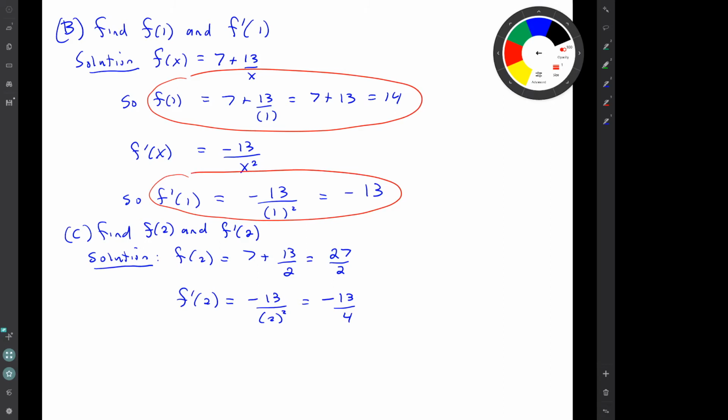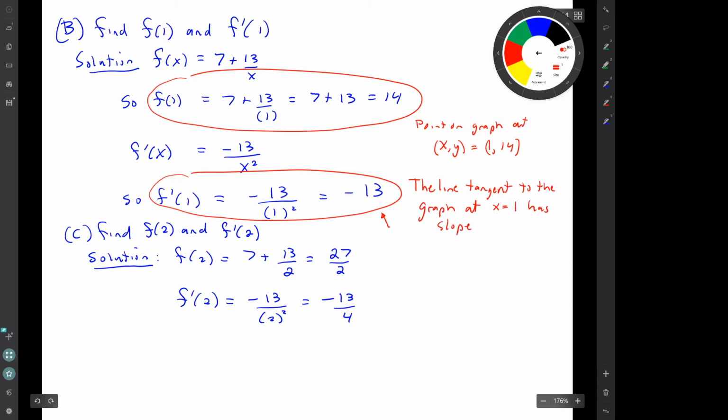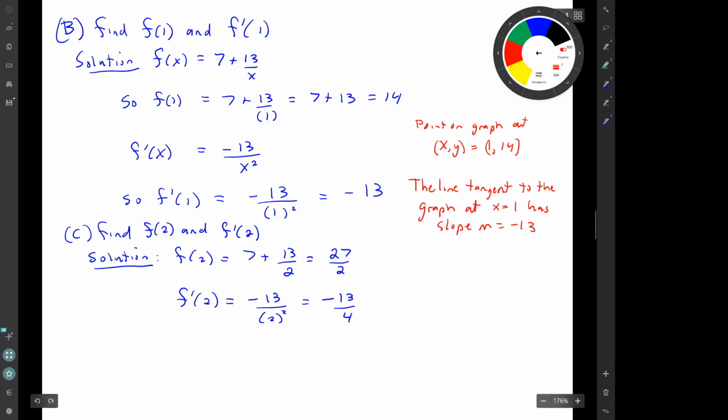So this tells us that there will be a point on the graph at 1, 14. And this result tells us that the slope of the tangent line at x equals 1 is m equals negative 13. So let's go down and add those features to the graph.